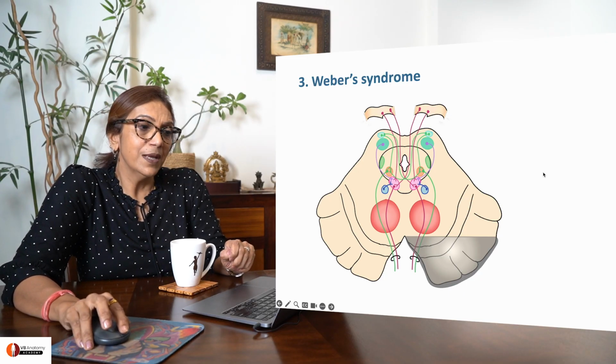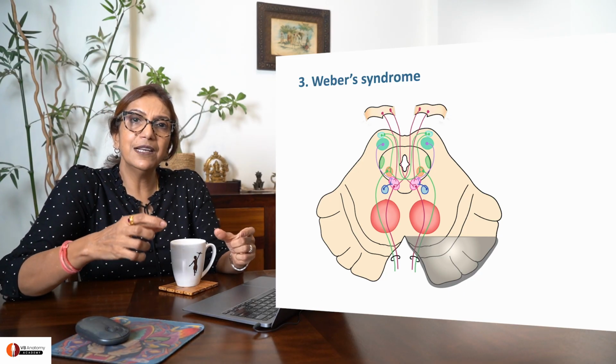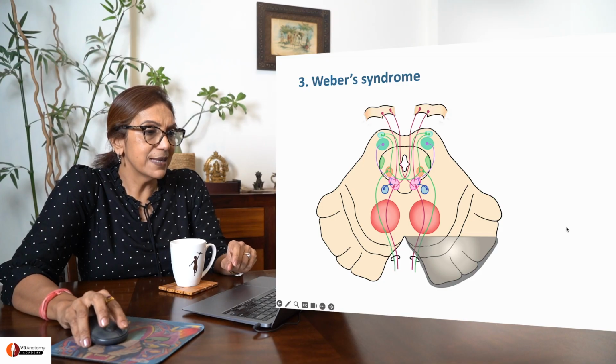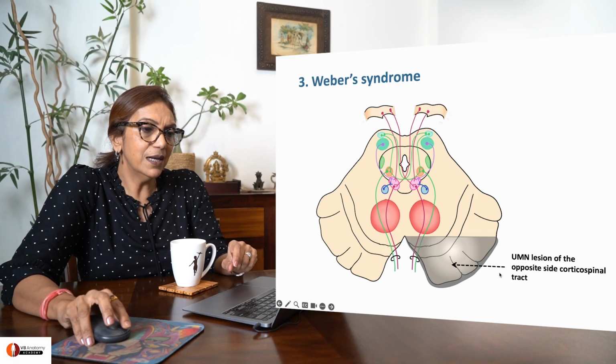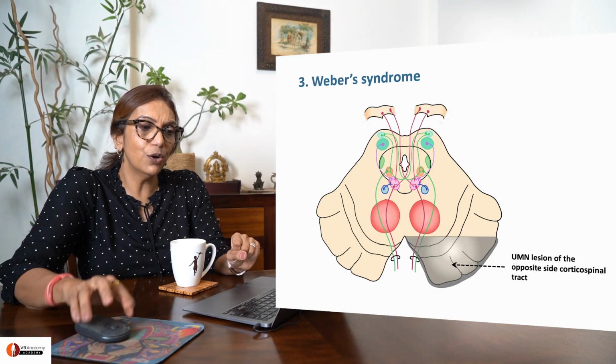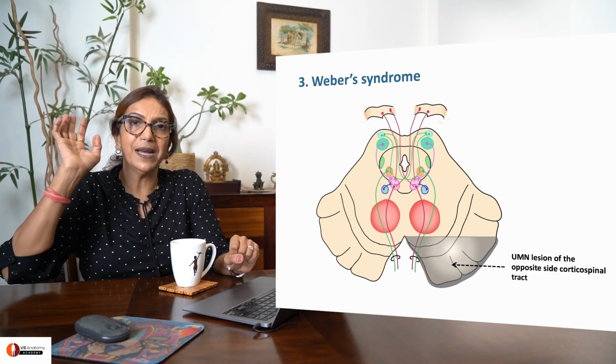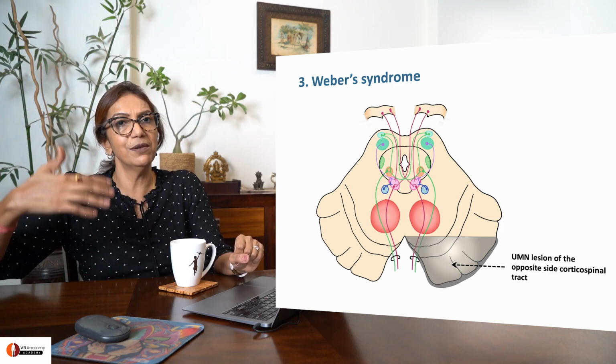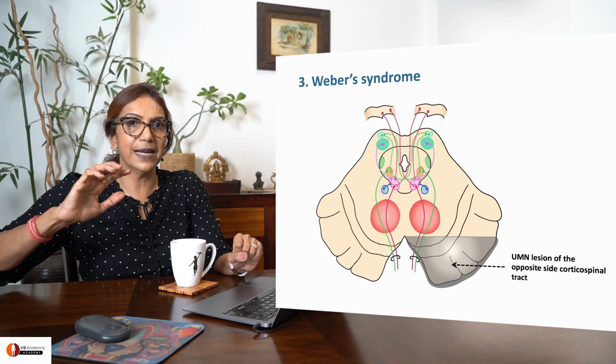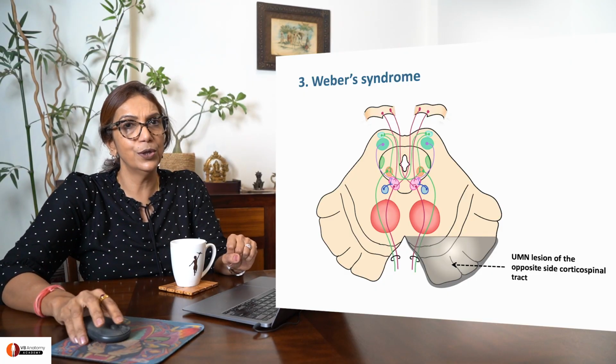Weber's syndrome. Sometimes there's an anterior lesion of the midbrain, as seen here, causing an upper motor neuron lesion of the opposite side corticospinal tract. So the opposite half of the body will show a corticospinal tract lesion, an upper motor neuron lesion.